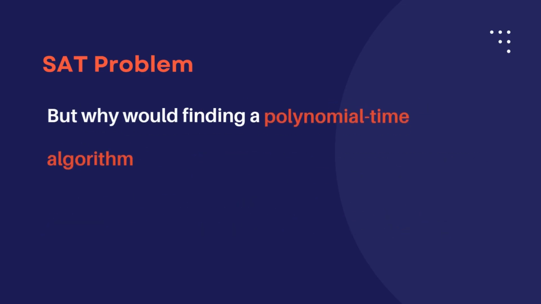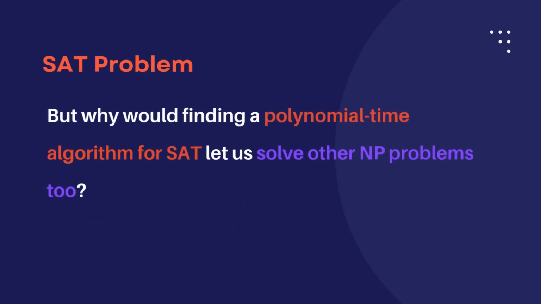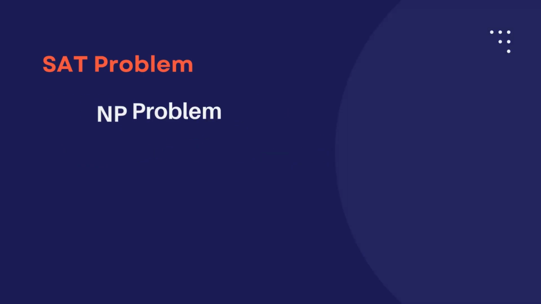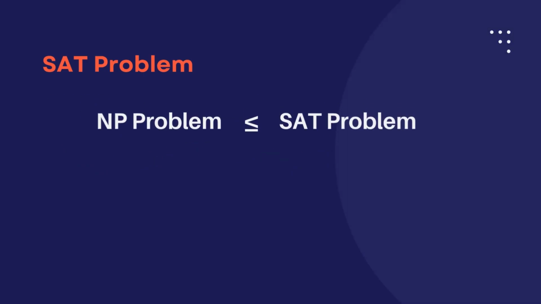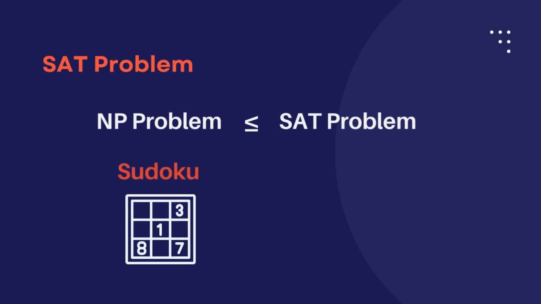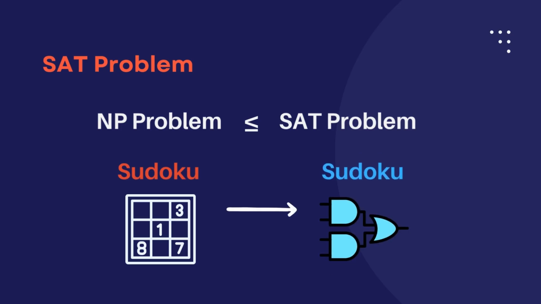But why would finding a polynomial time algorithm for SAT let us solve other NP problems too? Well, in the same paper by Stephen Cook, he showed that every problem in NP can be reduced to SAT in polynomial time. That means if we take any NP problem, like Sudoku for example, we can convert it into an equivalent SAT problem using only AND, OR, and NOT logic.